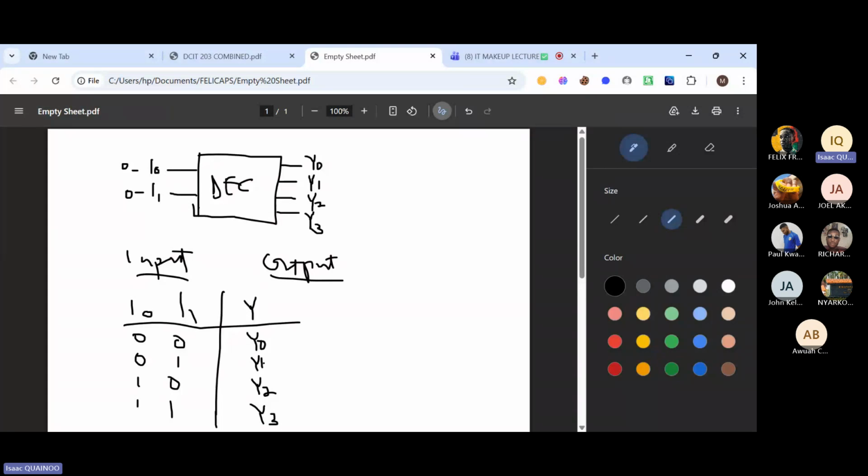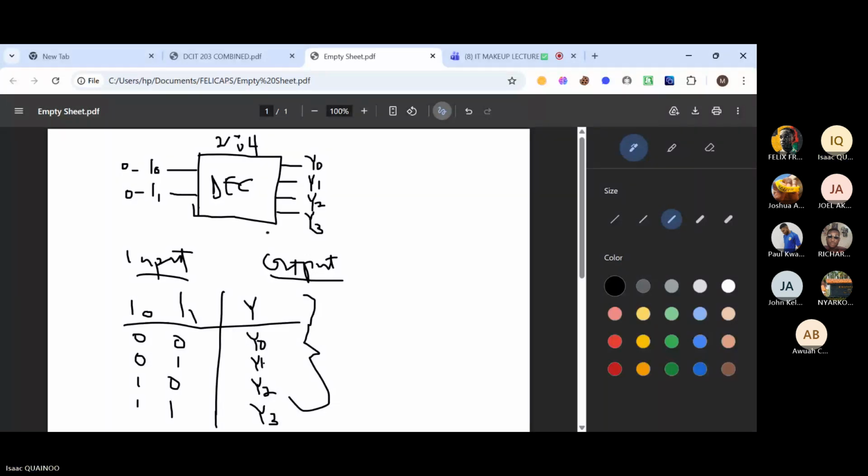Basically, our input is what determines the outputs. So let's establish this fact. This will be our truth table. We said our number of inputs is 2, and our number of outputs is 4, so this is a 2-to-4 decoder.